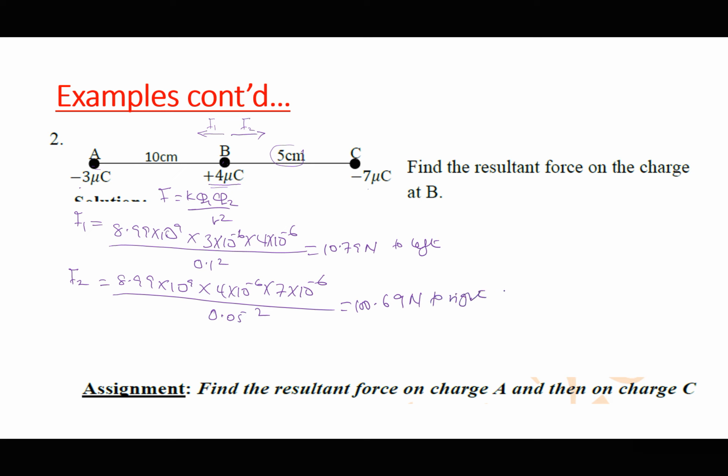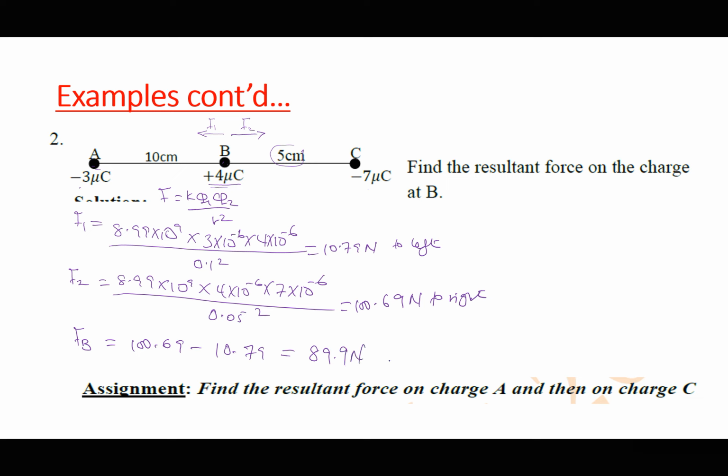Because force is a vector quantity and they're in a straight line, then the resultant force on charge B is going to be equal to 100.69 minus 10.79. This gives us 89.9 newtons.